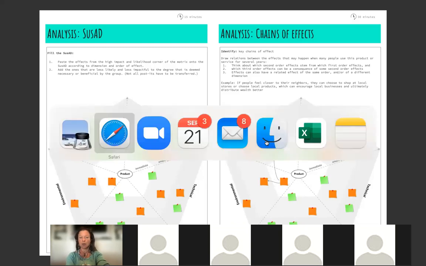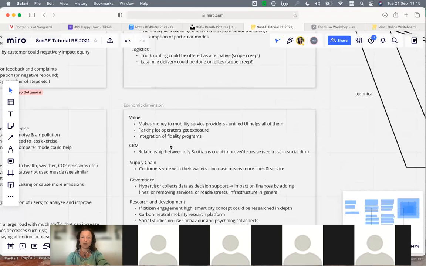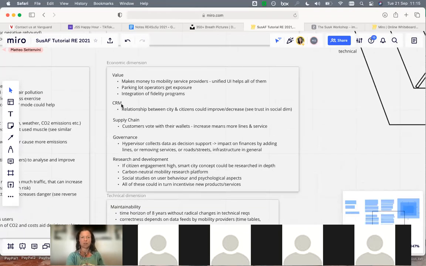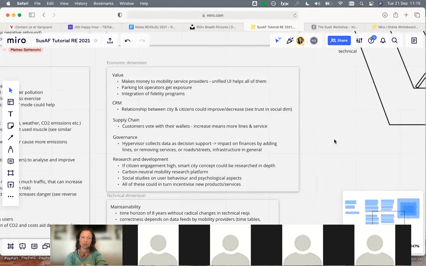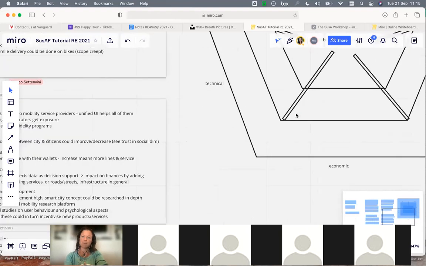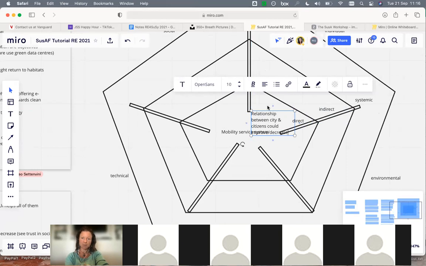And during our brainstorming phase, there were already a couple of times when we denoted cross relations. So for example, in the economic dimension, the relationship between city and citizens could improve or decrease. See trust in the social dimension. So in the economic dimension for CRM, the relationship could improve or decrease is an indirect effect because it is dependent on how we use that system, how that relationship changes.